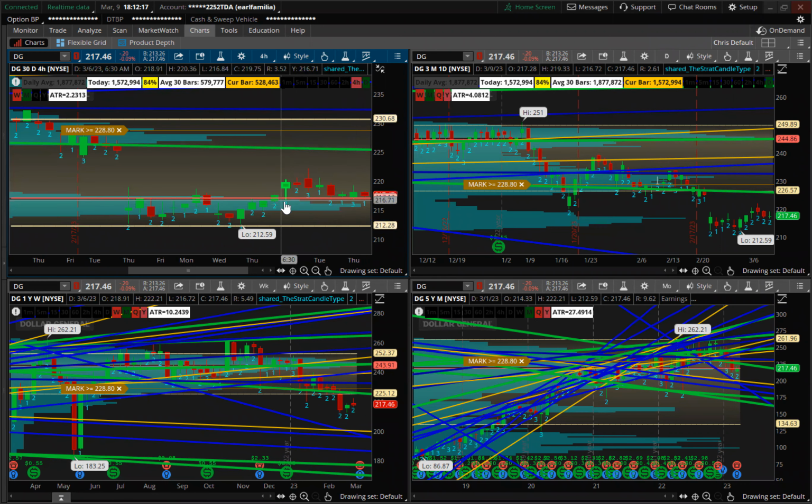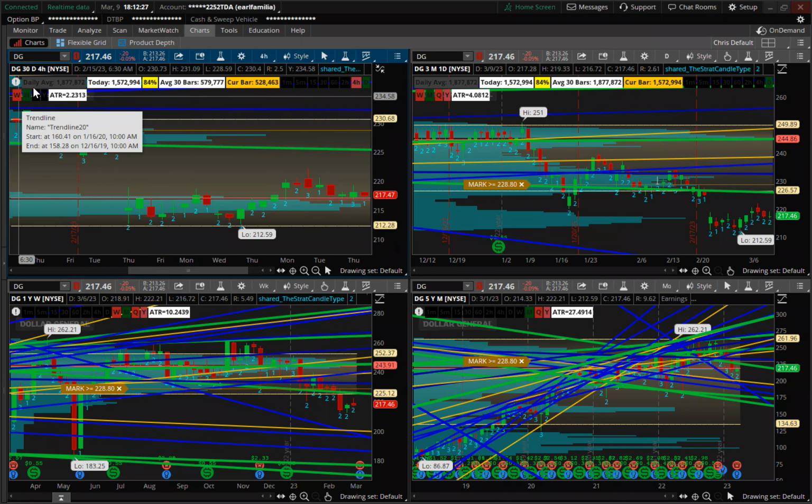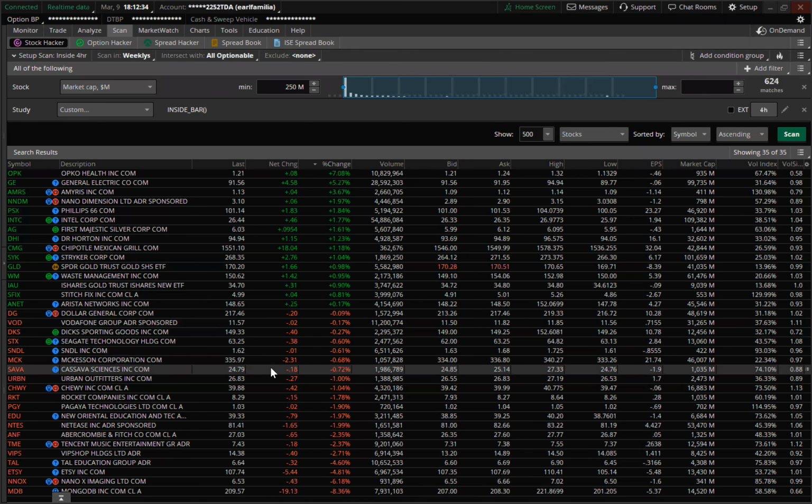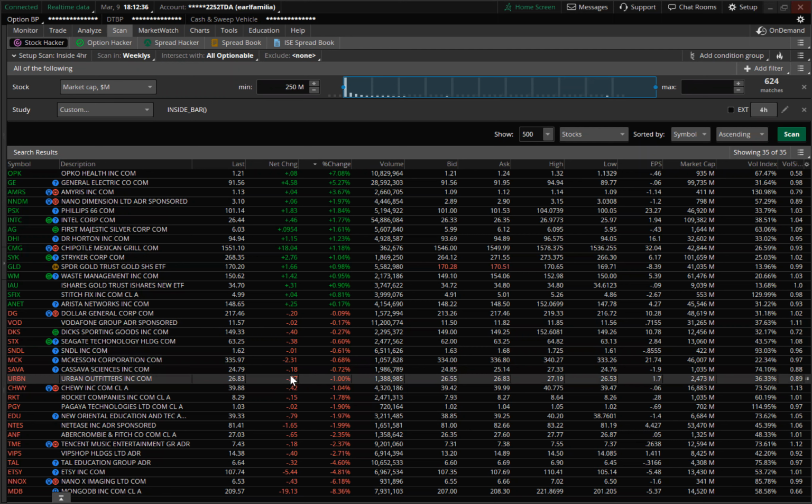It's like the point of control. They're trying to buy it. That shooter on the week kind of looks more provocative to me. Okay. Now let's take a look at Chewy and then Rocket.